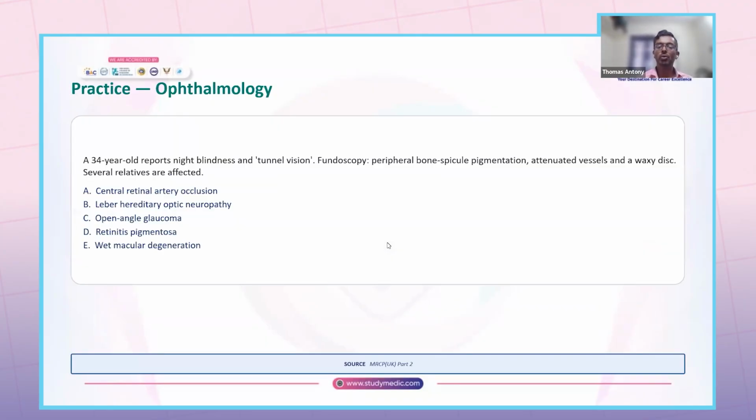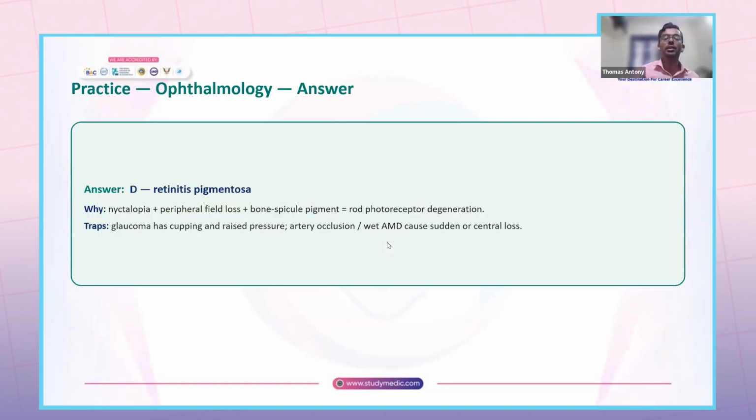So there is a 34-year-old who reports night blindness and tunnel vision. In fundoscopy, you get peripheral bone spicule pigmentation, attenuated blood vessels, and a waxy disc. Several relatives are affected. So this is the pattern that we see typically in retinitis pigmentosa.